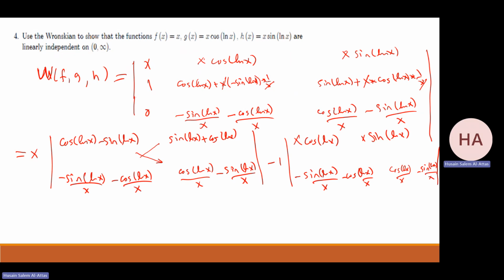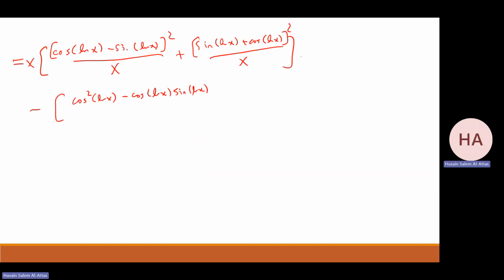So it will be plus sine square ln x plus sine ln x cosine ln x. Okay. Here x will cancel this, and also this one cancelled.